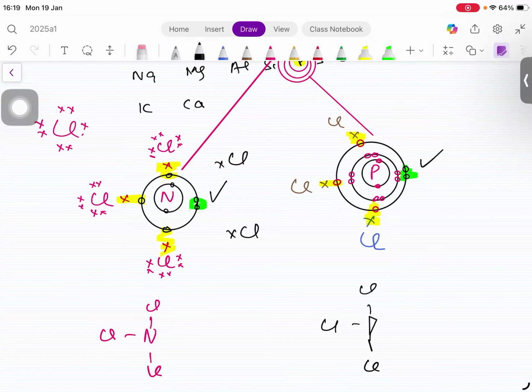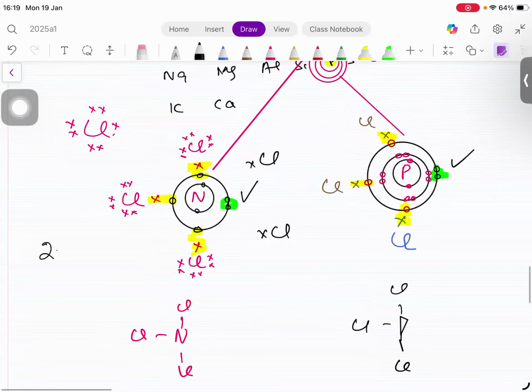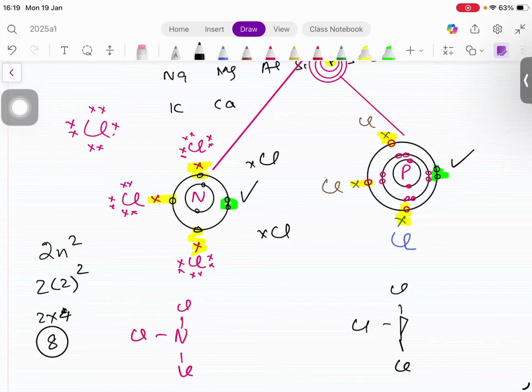The nitrogen's outer shell has a capacity of 8 electrons, because the nitrogen's outer shell is the second shell. So 2n squared, 2 times 2 squared, 2 times 4, is equal to 8. So even if nitrogen wants, it can't use these two electrons to make covalent bonds with two more chlorine atoms. So NCl3 is there. That's the end of the story for the nitrogen.